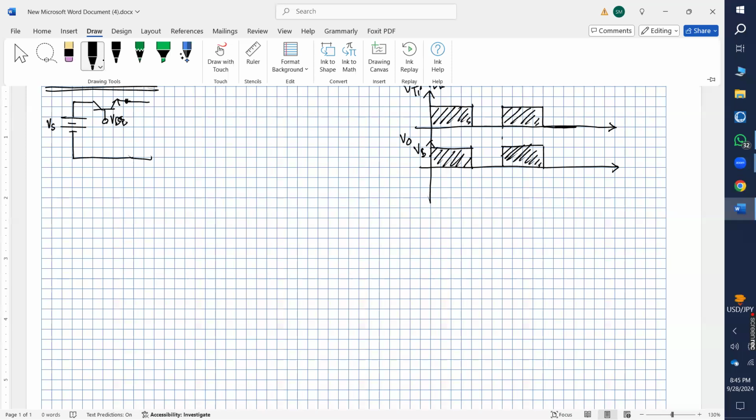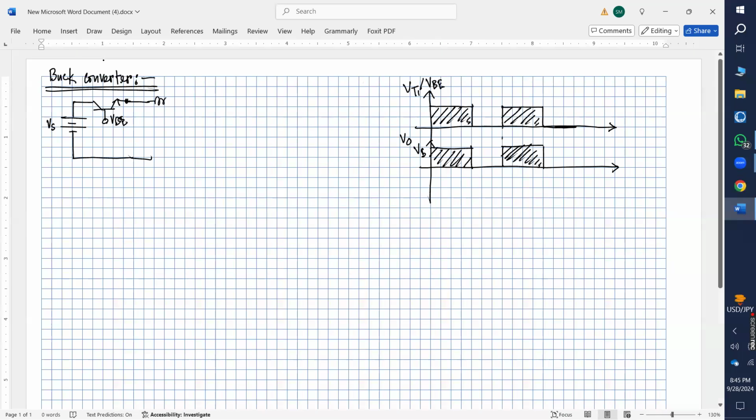We introduced an inductor, and then we used a capacitor, and the capacitor is connected to the load. This is my R, this is my V naught. This section will form a low pass filter.